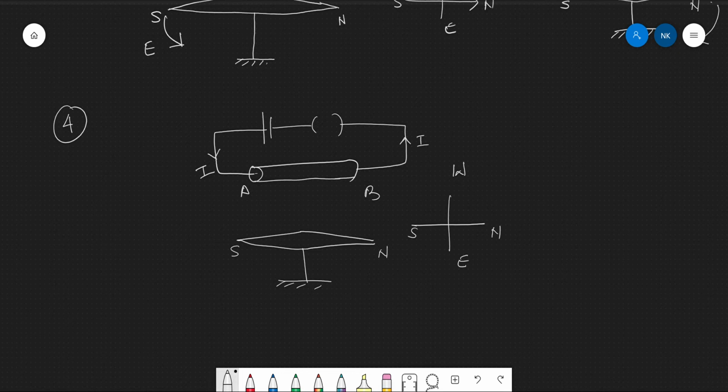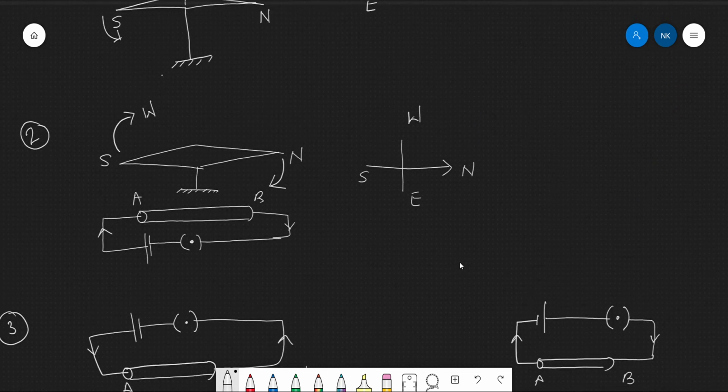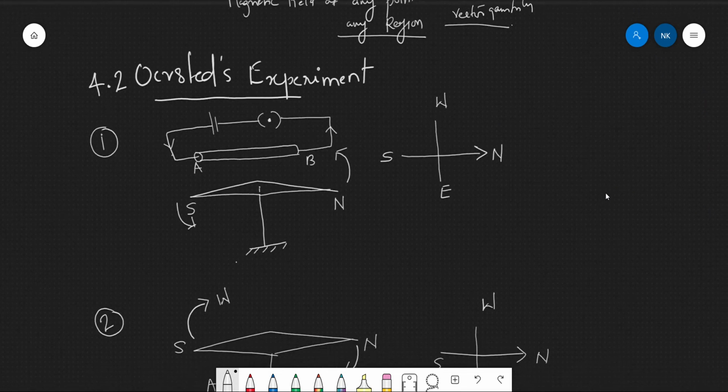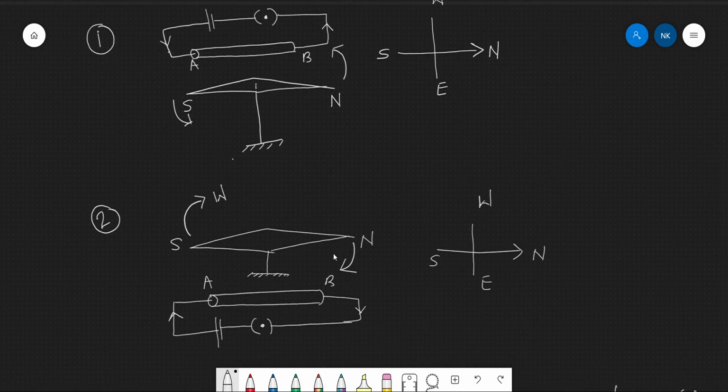I repeat once again what it was basically about. Initially the current carrying wire was kept above the needle. It was observed that the north was bending towards west and south was bending towards east. In the second one, the position of the current carrying wire was changed, it was kept below the compass needle.